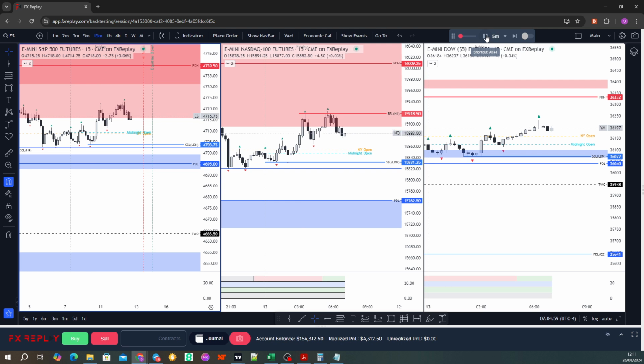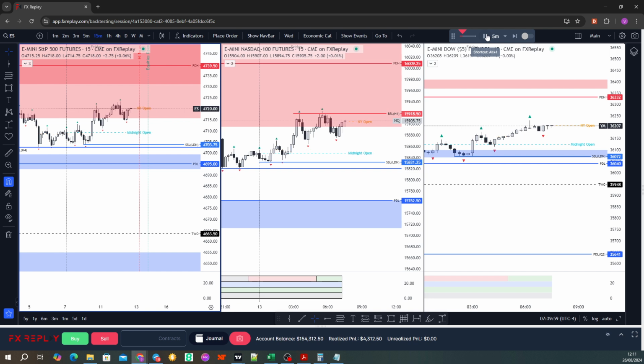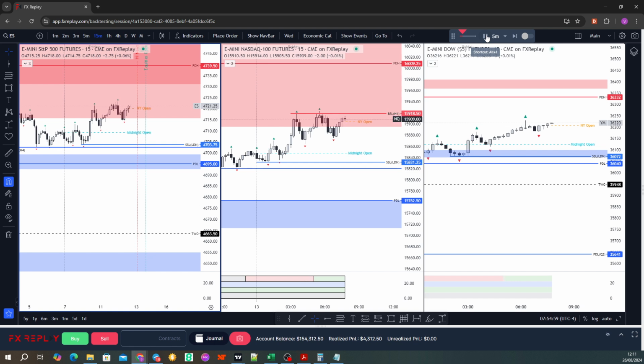When I get up to the news embargo, high impact news, just going to speed this a tad. So we're above the true day open as well, so we have stacked confluences above.